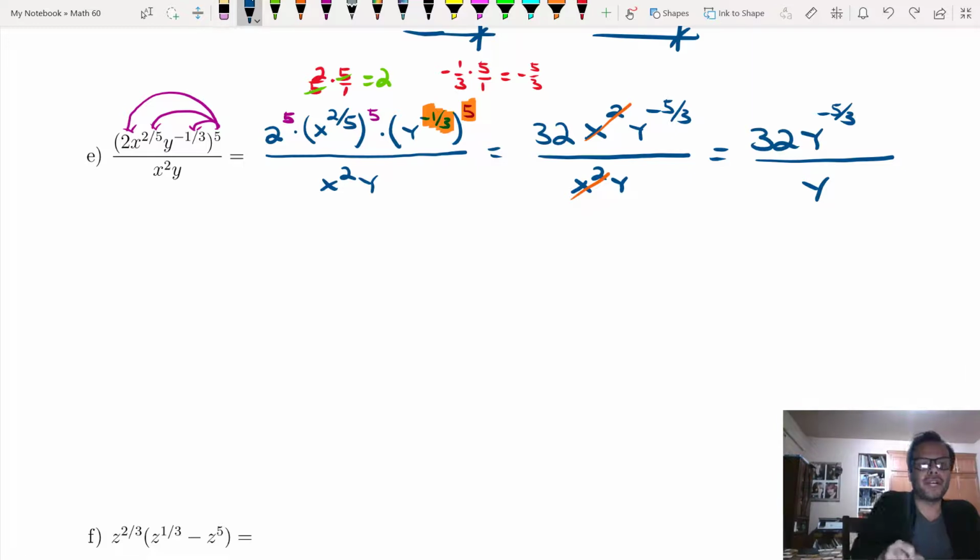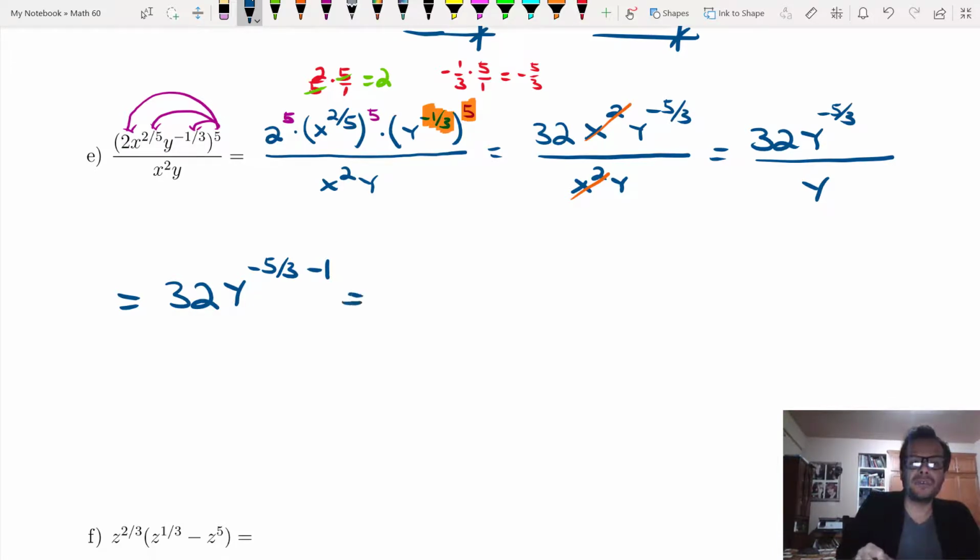So we are going to write 32 y raised to the negative 5/3 minus 1, right? Okay, let me rewrite this in a different way. Negative 5/3 and then minus 1 over 1, which is the same as adding the missing factor 3/3, right?